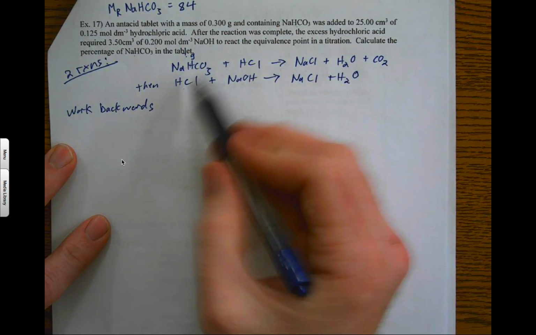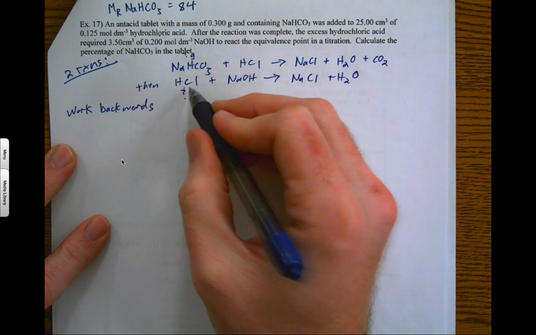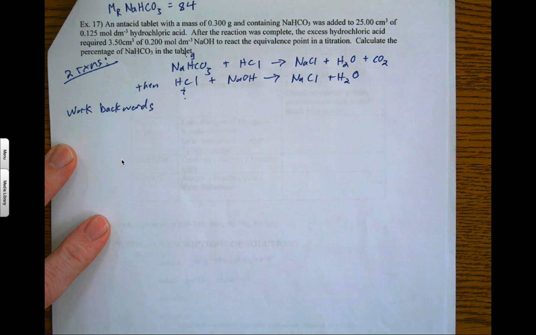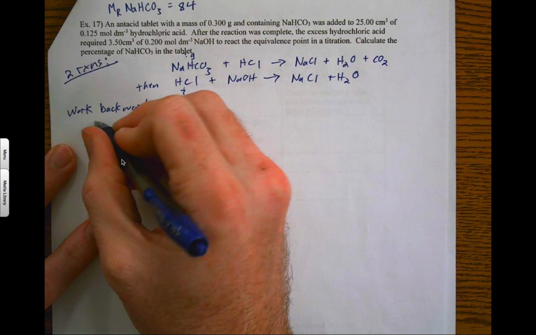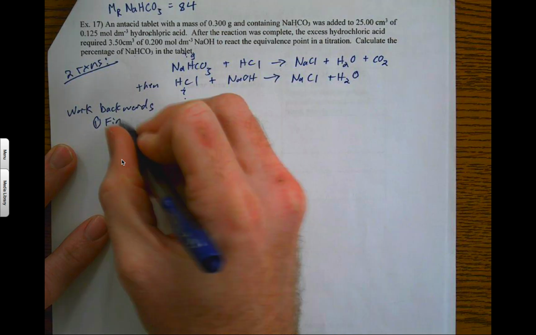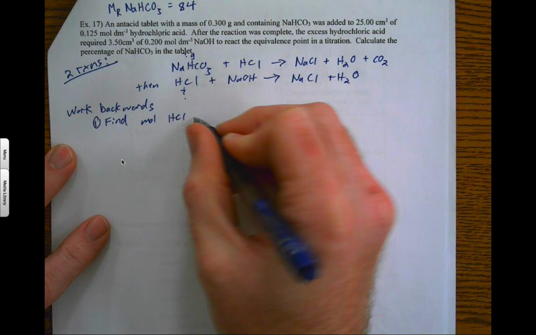How much of this stuff do we have, right? What is the mass of the moles of that, essentially? Okay? So, we're going to find moles of HCl in excess.